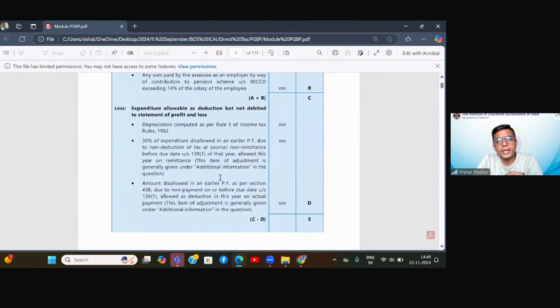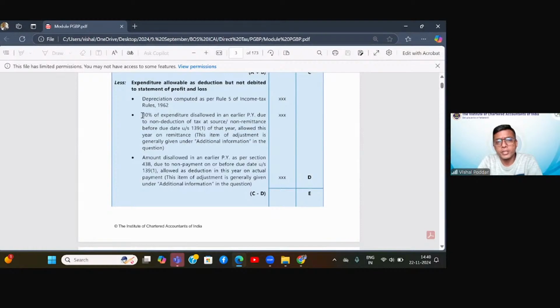Now, what has to be subtracted? Expenses which are allowed as deduction in PGBP, but it is not debited to P&L. So there are n number of examples where the P&L is not debiting it, but PGBP allows. First, depreciation as we discussed.